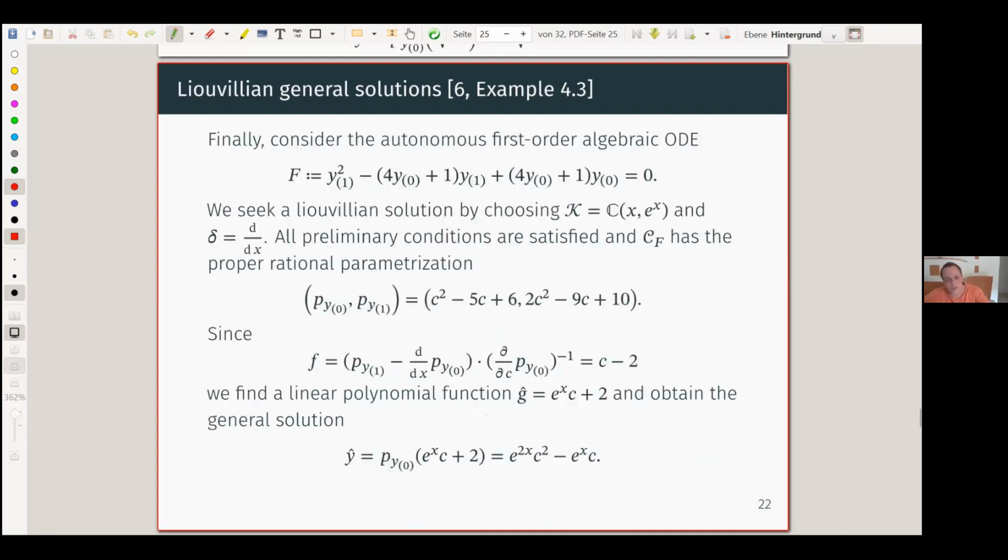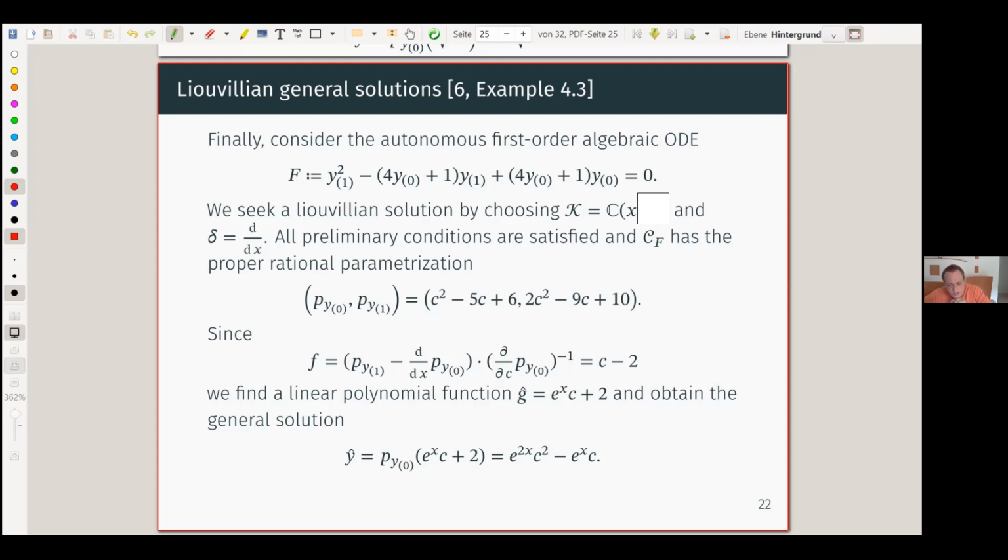And we can also do this for other fields. For example, if you like Liouville general solutions, and it works just as before, but you choose a different field. K is now, well, you adjoin e to the x.